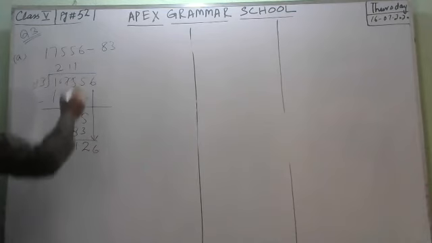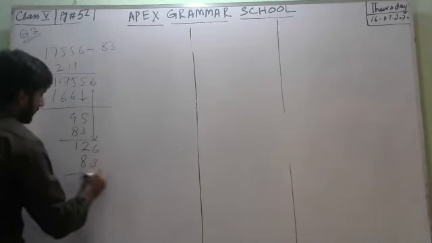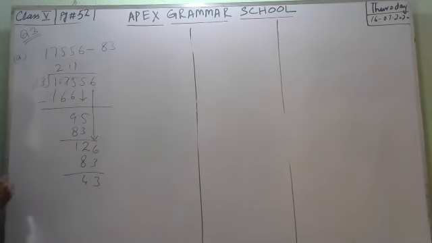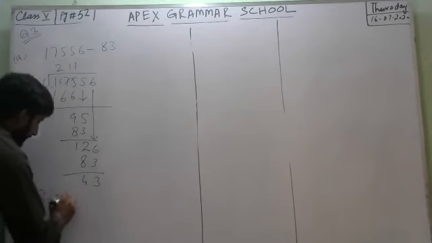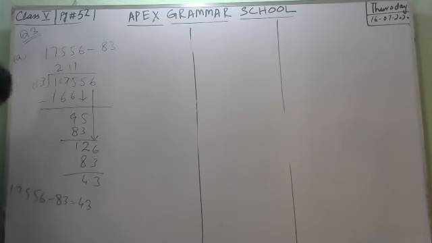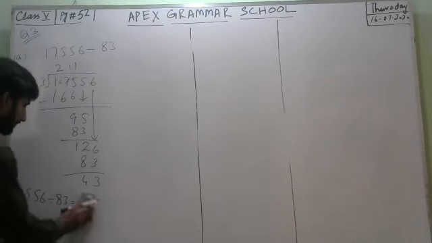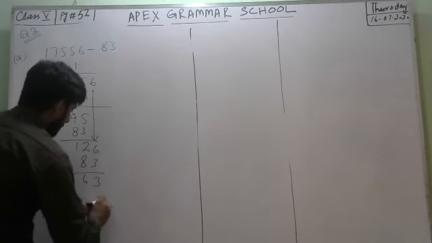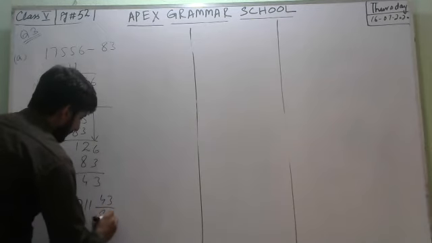Once again, 83 ones are 83. 6 minus 3 is 3. 12 minus 8 is 4. So the answer is 17556 divided by 83 equals to 211 and 43 over 83.